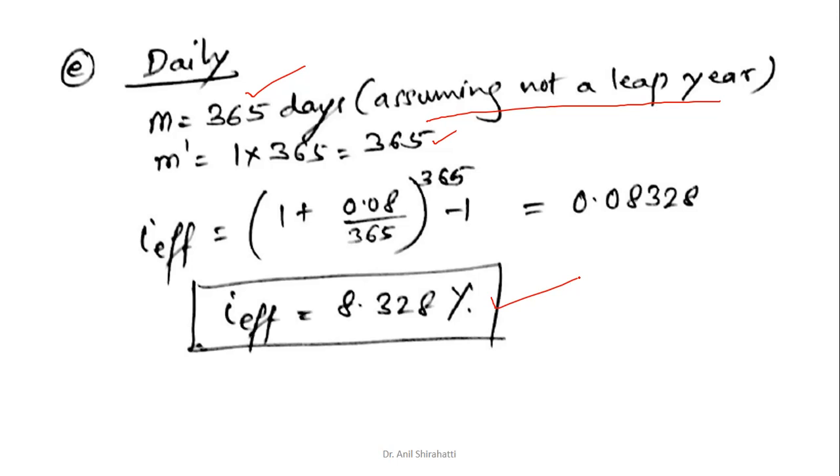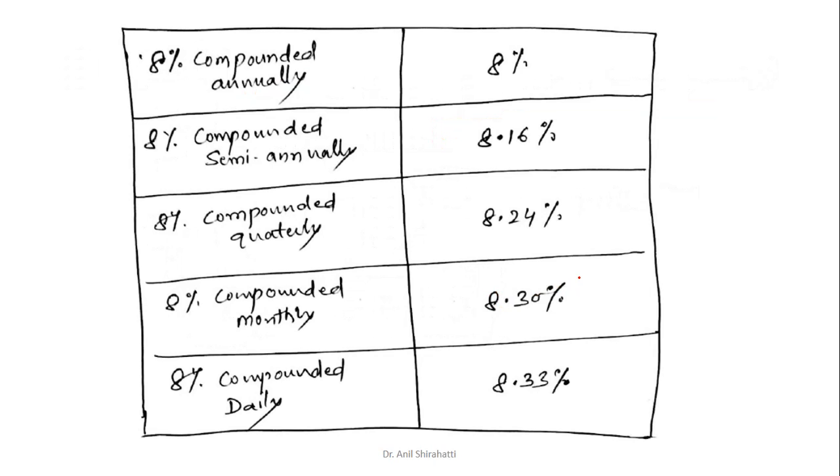So if I summarize this one, for 8% compounded annually, the interest rate is coming as 8% only. 8% compounded semi-annually, the effective interest rate I am getting is 8.16. 8% compounded quarterly, the effective interest rate is around 8.24. 8% compounded monthly, around 8.30. 8% compounded daily, I am getting 8.33.